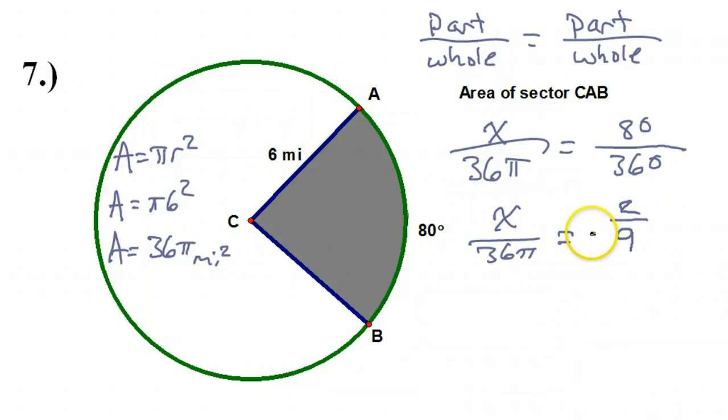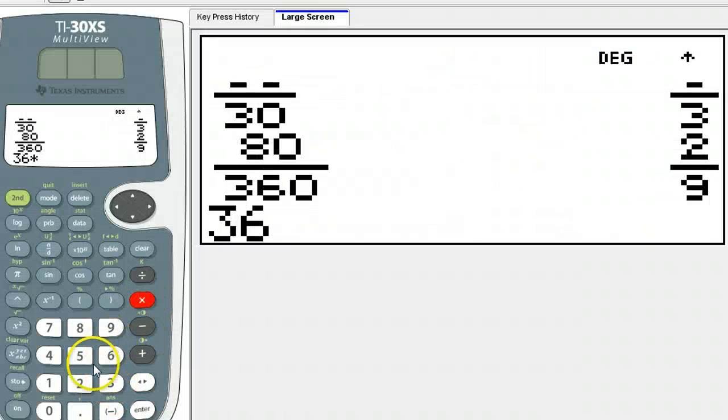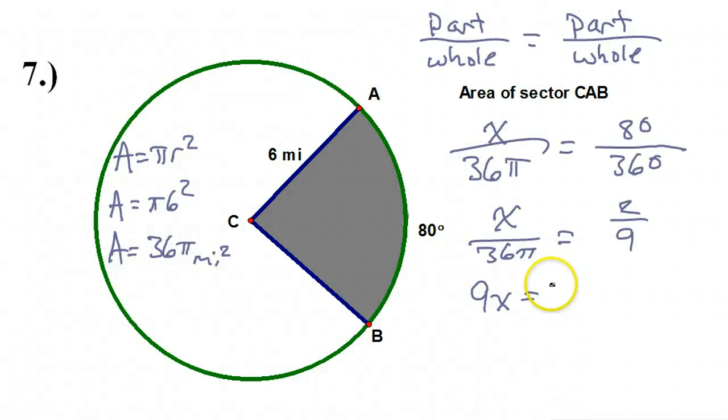So when you cross multiply, you're going to get 9x is equal to, and I'm doing 2 times 36 pi. Now 36 times 2 is 72. So that's going to be 72 pi. Okay, I'm multiplying this diagonal.